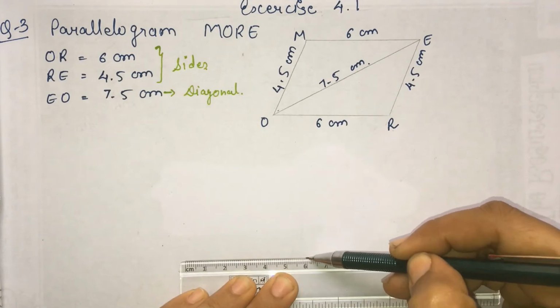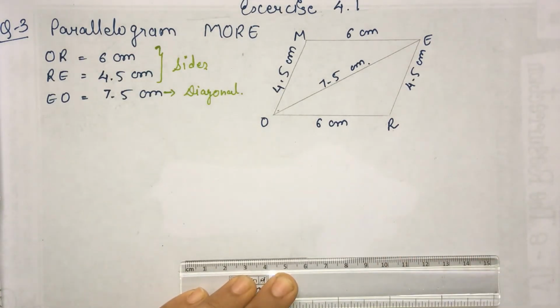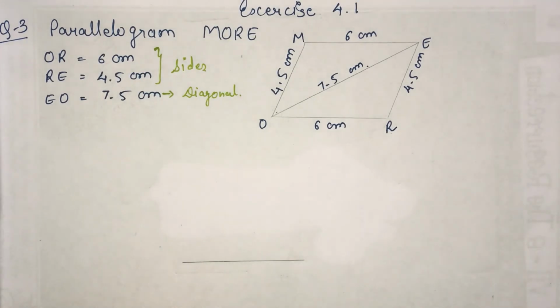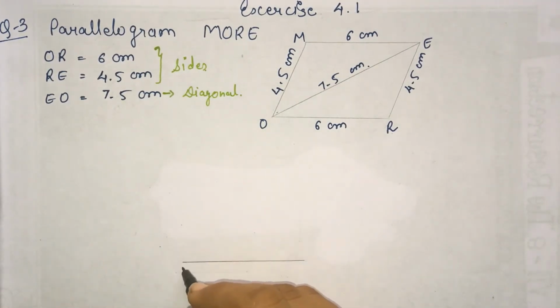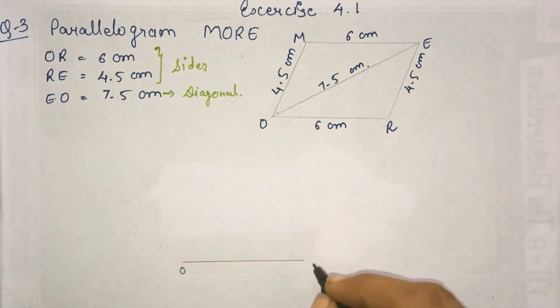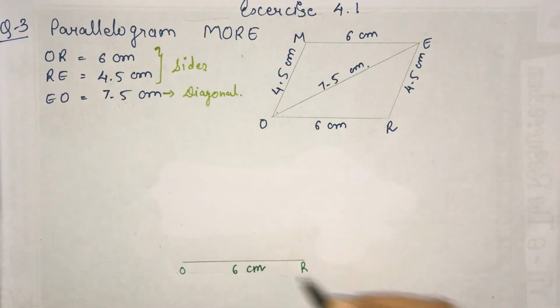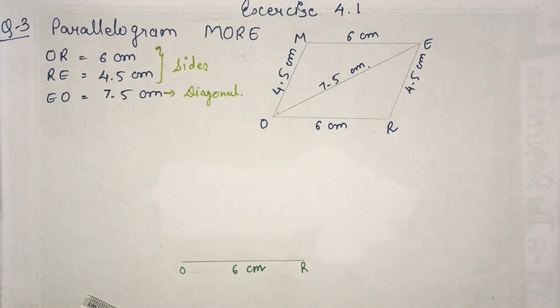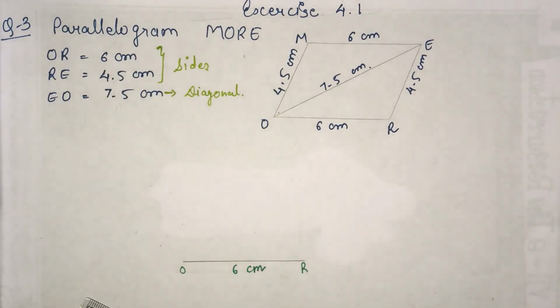So now we will name it as, this line segment is OR of 6 centimeter.